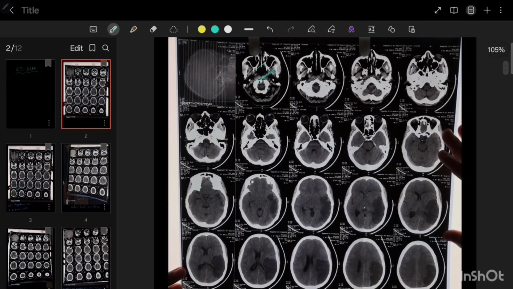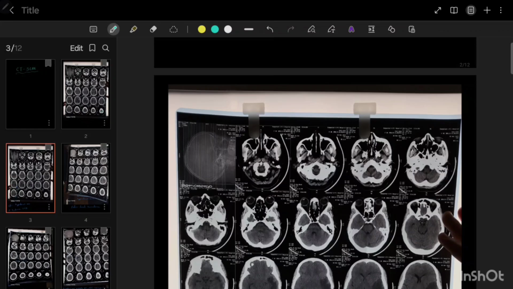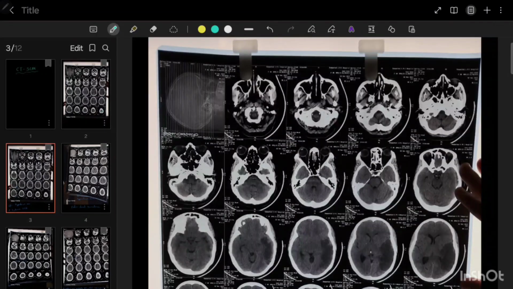This image is taken from the leg side, so this is the left side and this is the right side, like a mirror image. It means you are standing on the leg side of the patient and taking photos in a slicing pattern of the brain. Now see this CT scan and make a diagnosis.